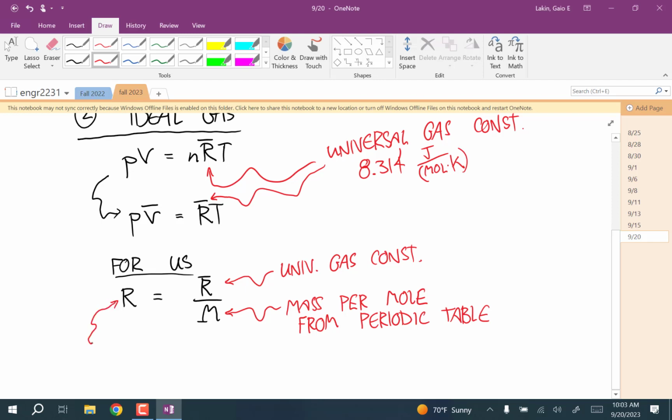And then the capital R, the one that we're going to use, is a gas constant for your specific gas.